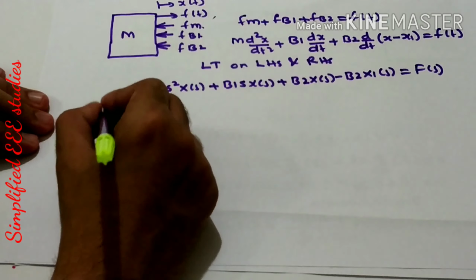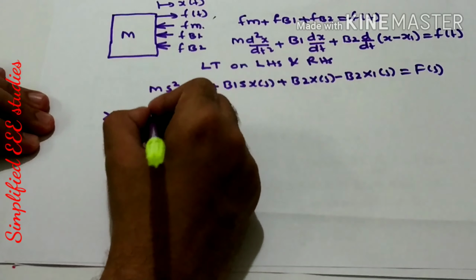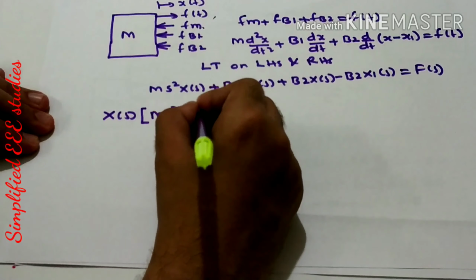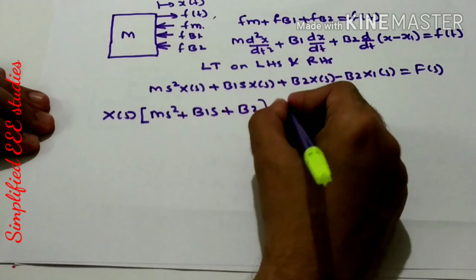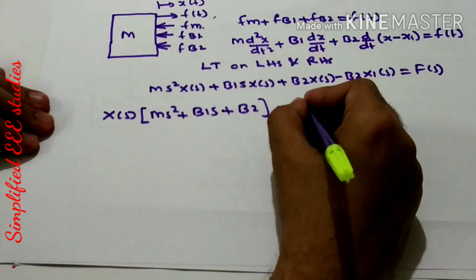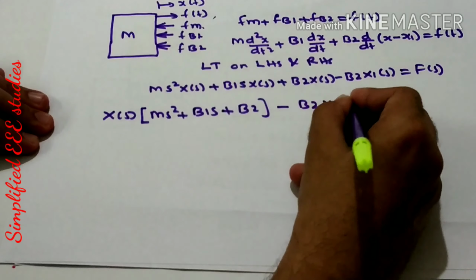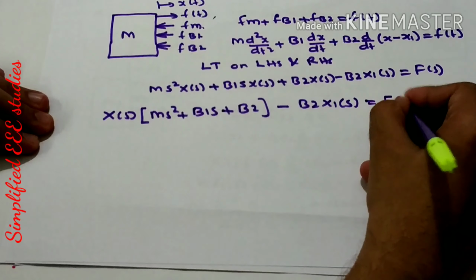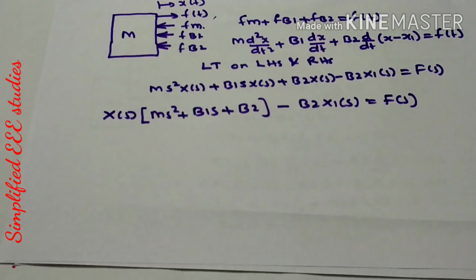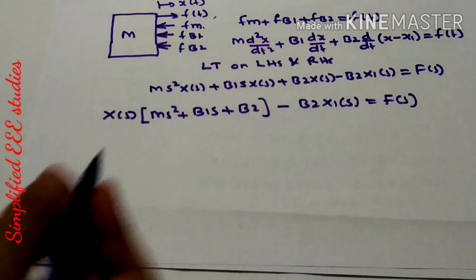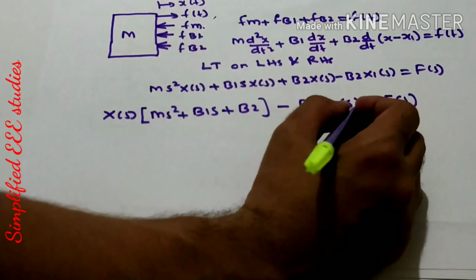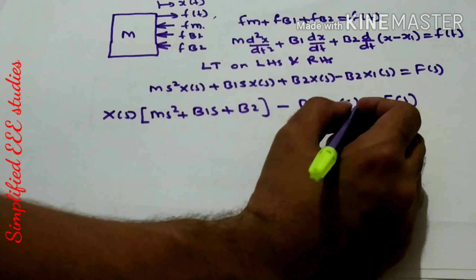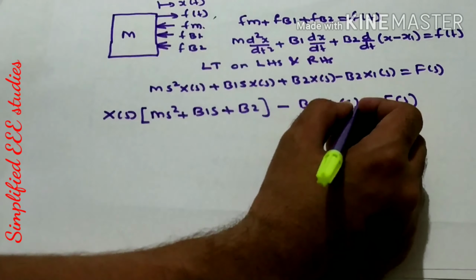Now you can easily separate the term from the equation. That means x of s into ms square plus b1s plus b2 minus b2 into x1 of s, that is equal to f of s. Now we already know that we can write x1 of s in terms of b2s by b2s plus k into x of s.